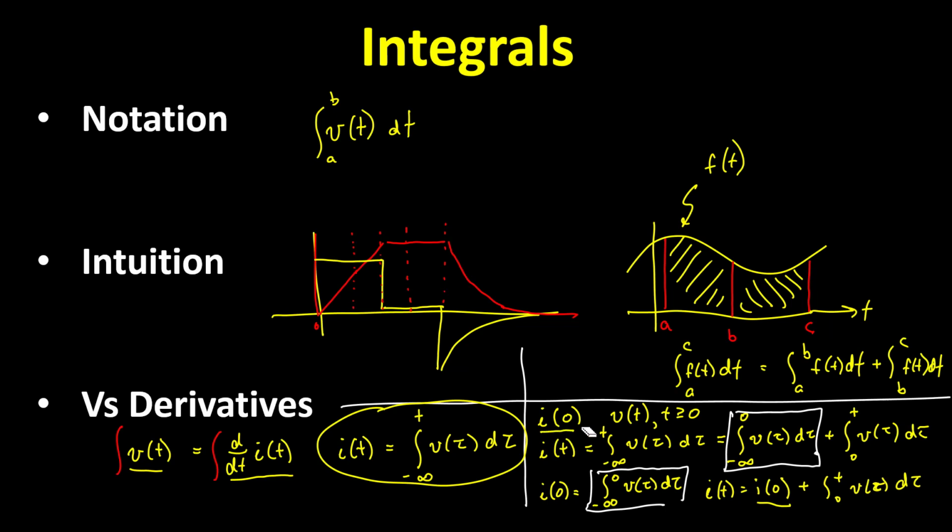This is part of the problem that's given at the very beginning. We call this our initial condition, or our IC, and that is in electrical engineering how if you know a derivative relationship, you can convert it into an integral relationship, even if you don't know all history of the voltage for all time less than 0, as long as you know what that current is at time 0.